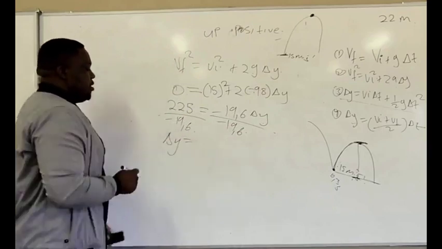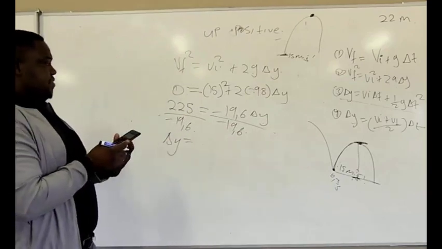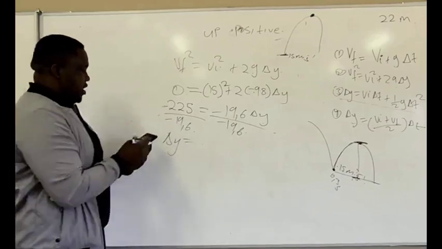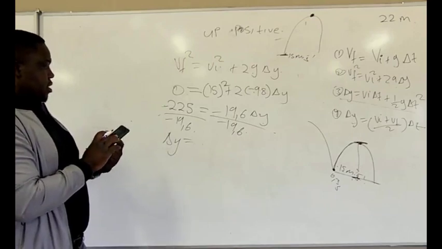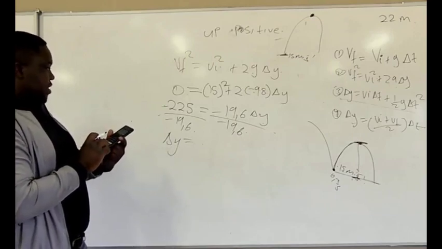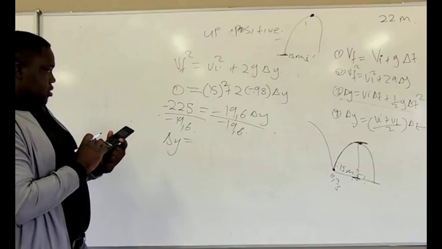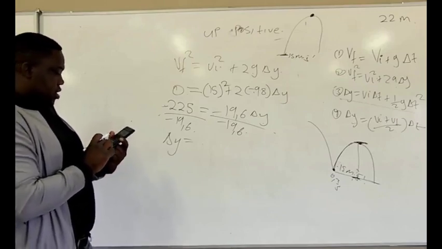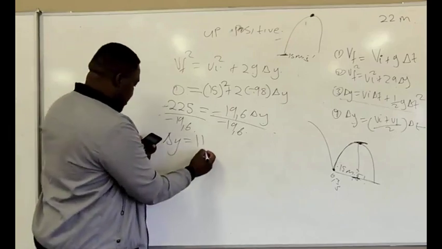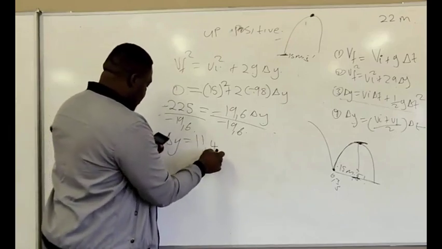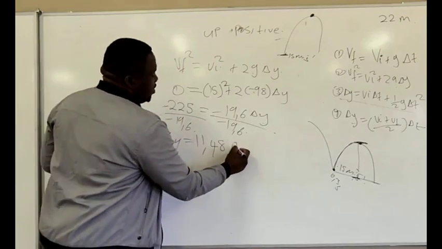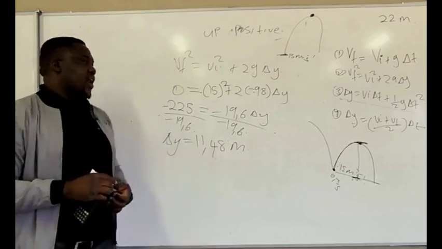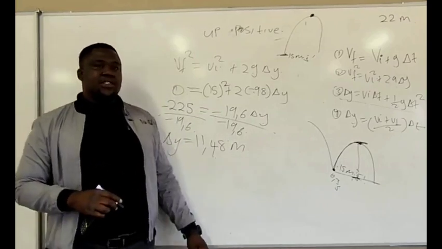Therefore, the displacement is going to be 225 divided by 19.6, then it will give us 11.48 meters. So it means that the ball, when it bounced, it went up by 11.48 meters.